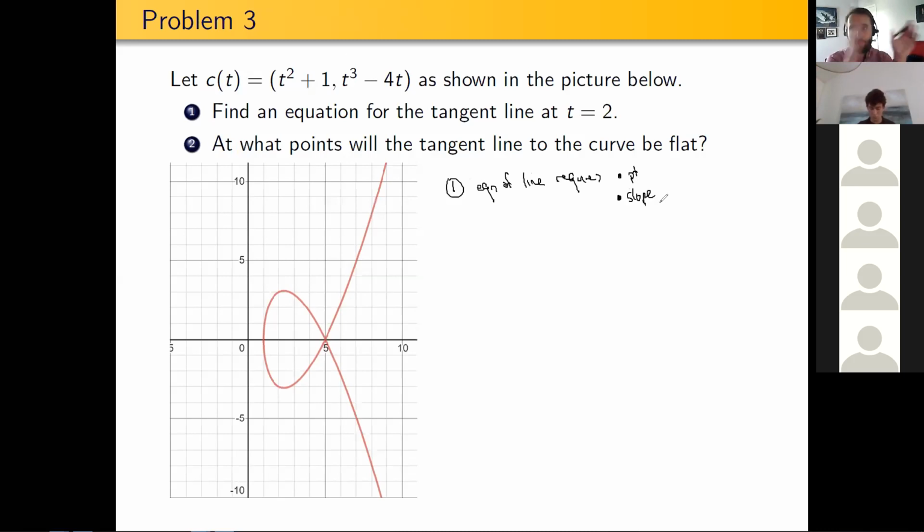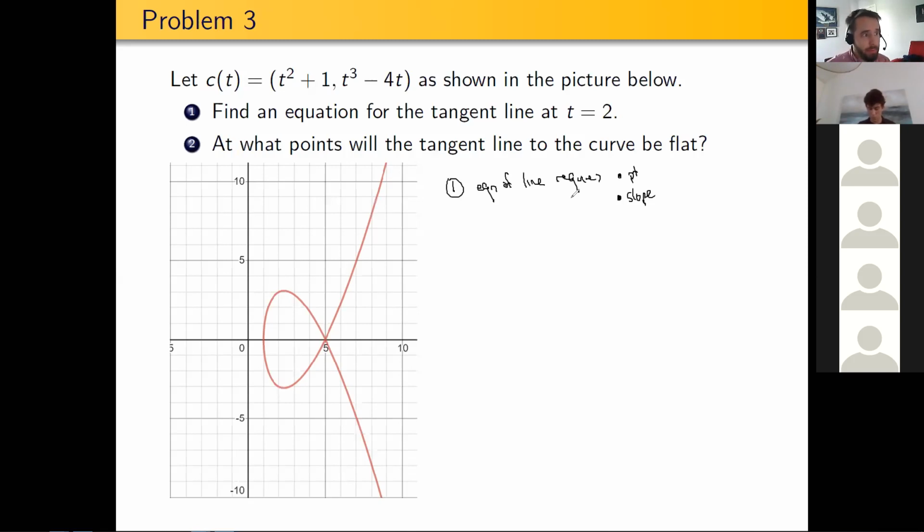And then we can use the point-slope equation for a line. So we have to figure out at time t equals 2, what point are we at on the curve? And at time t equals 2, what is the slope of the line there? So let's go ahead and figure both of these out.